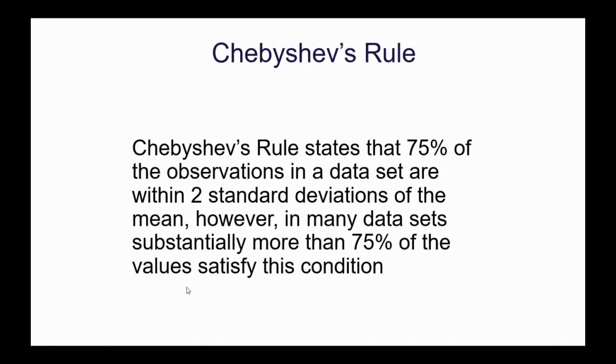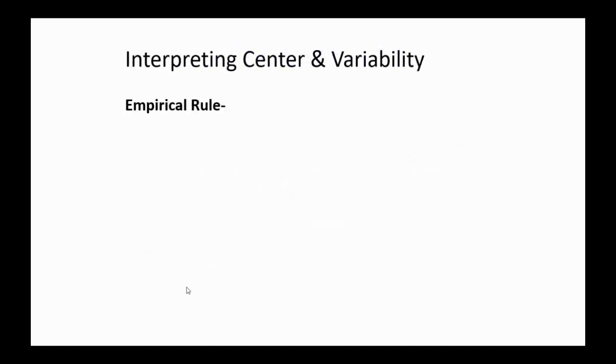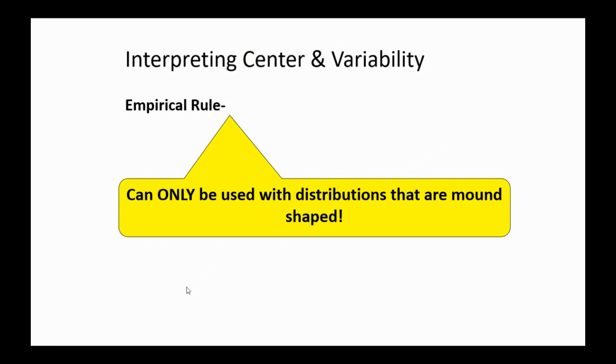About 95%. So that's way more than the 75 that Chebyshev said. That's because there's another rule called the empirical rule.